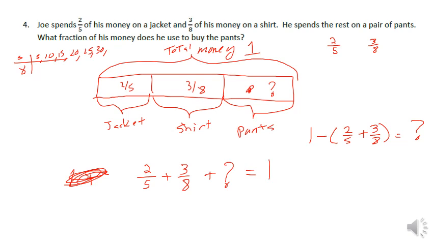I still haven't seen a multiple of 8 in there. 35 and 40. So 40 is our common denominator. So we're going to have 2/5 times 8/8 plus 3/8 times 5/5.